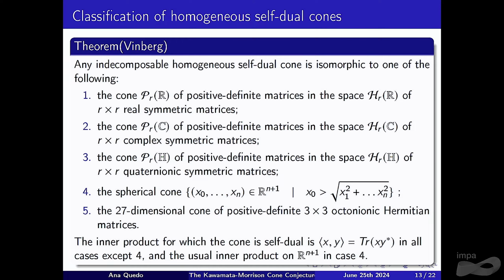The fourth one is the spherical cone, and the fifth one is the 27-dimensional cone of positive definite 3 by 3 octonionic Hermitian matrices. So our idea to keep in mind is that we want to write our ample cone as a sum of the first 3 of them.